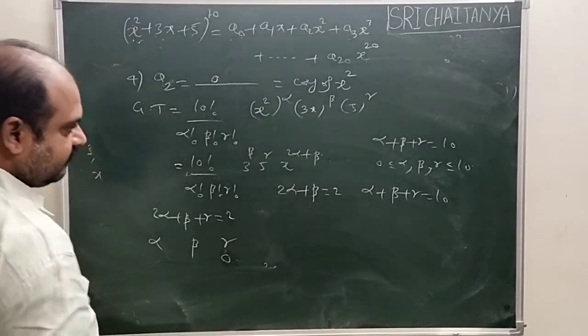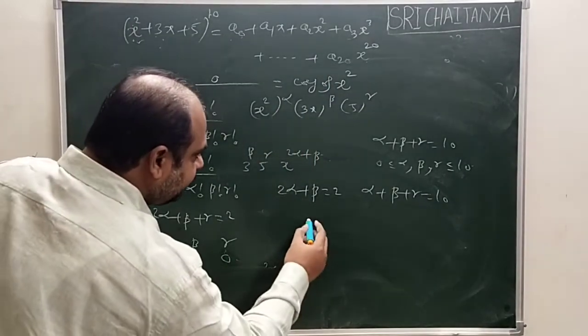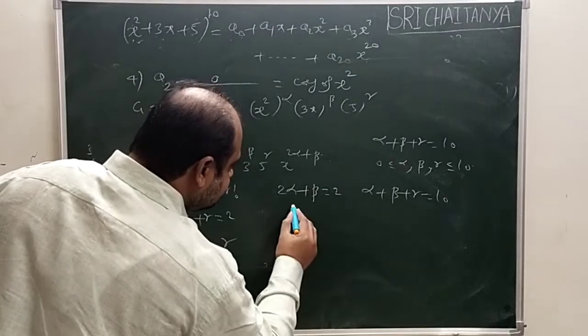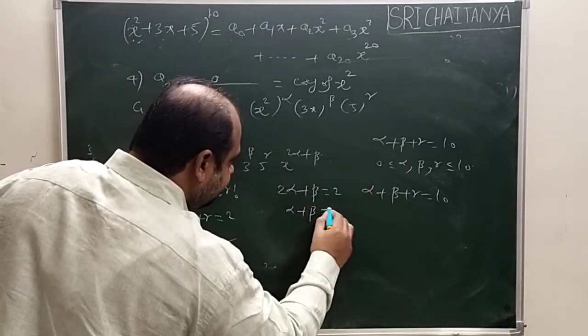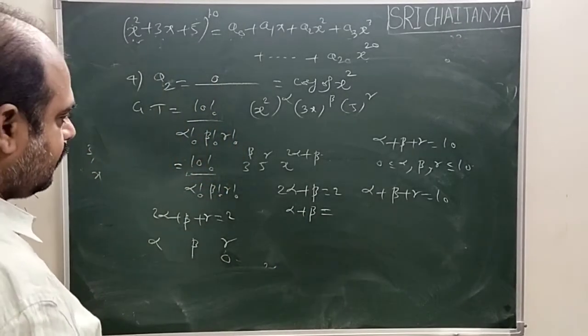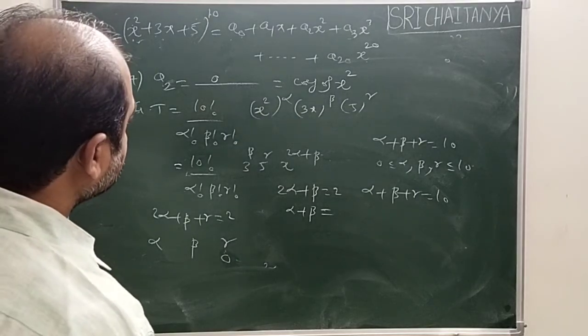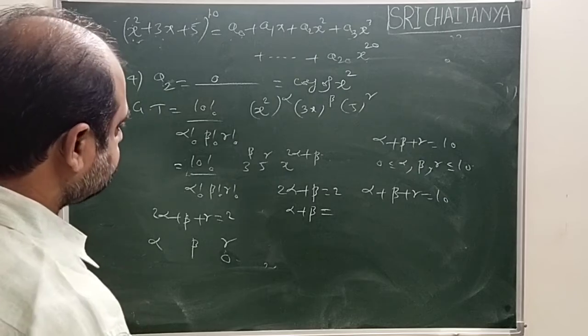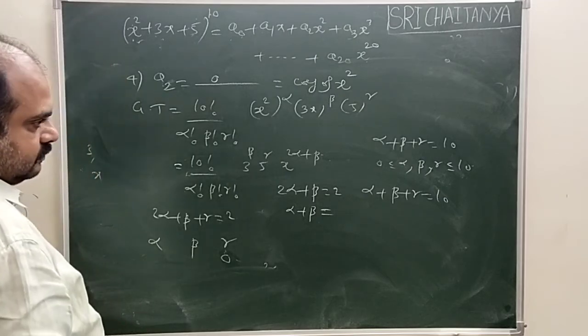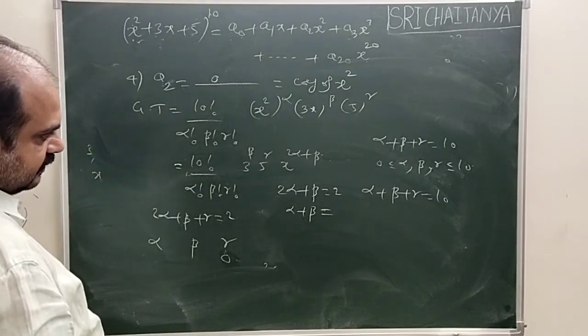So gamma equal to 0. Gamma equal to 0 means we will get alpha plus beta equal to 10. You are getting or not?